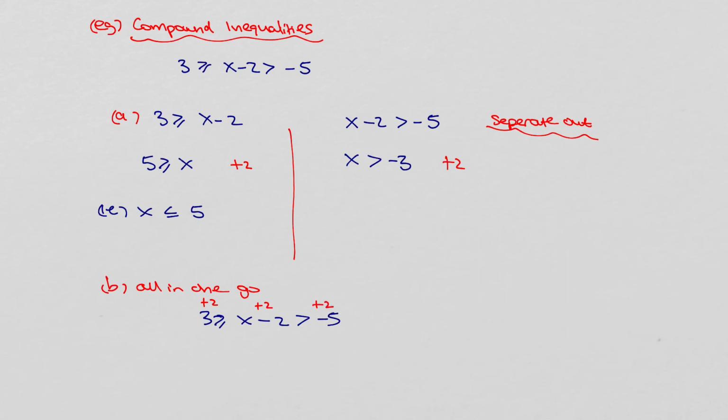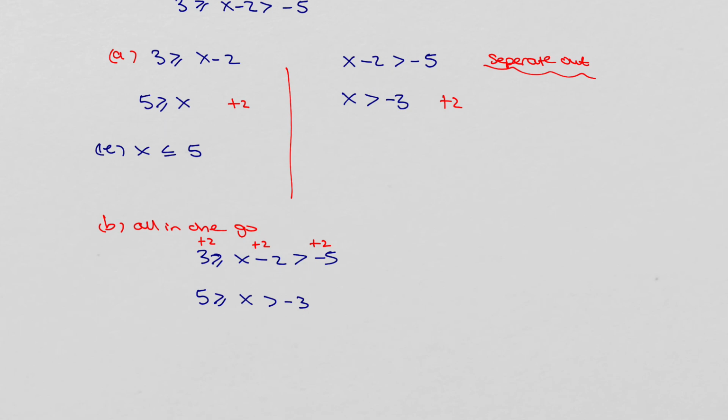So by adding 2 to 3, I get 5. By adding 2 to x minus 2, I get x. And by adding 2 to minus 5, I get minus 3. So in other words, 5 is greater than or equal to x, which is greater than minus 3. Or again, that could be read as minus 3 is less than x, which is less than or equal to 5. So that's normally the way we'd read these inequalities.